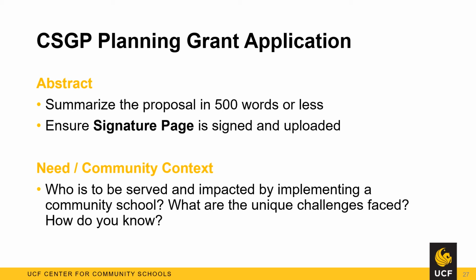Also, this section wants to know what needs you already know about the community and how you know that those are needs. So how did you go about finding out that information? Those are the things that you want to include in the needs/community context section.